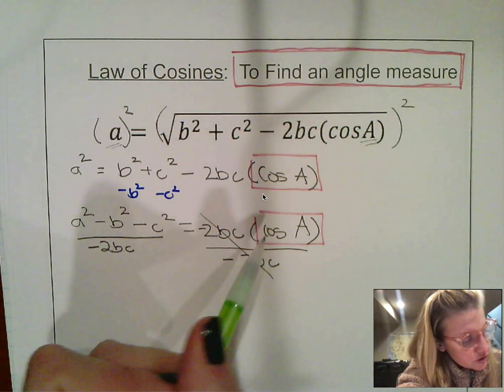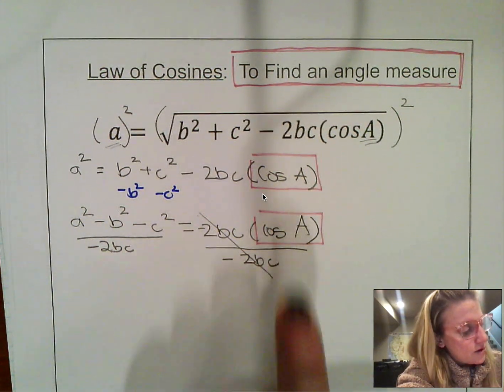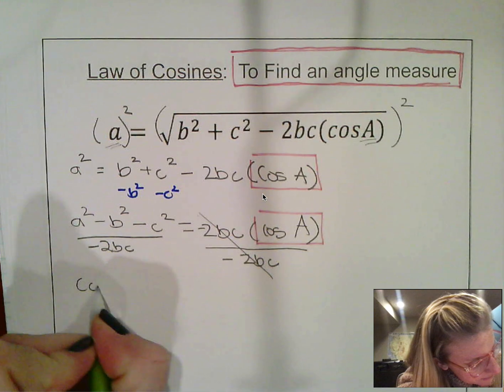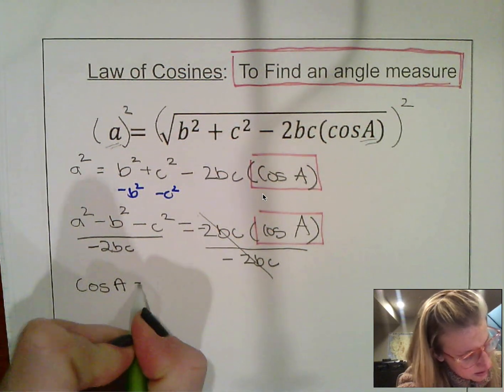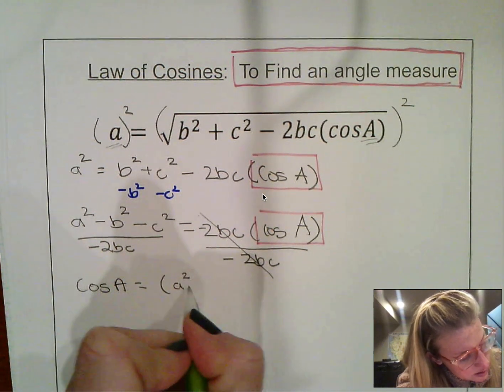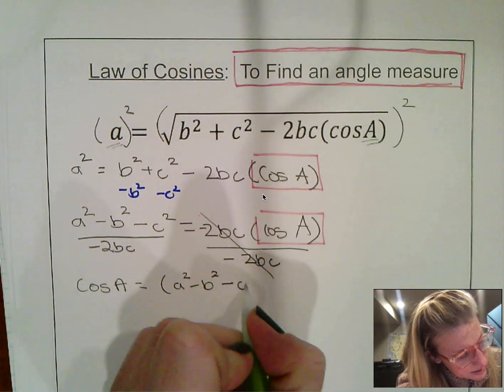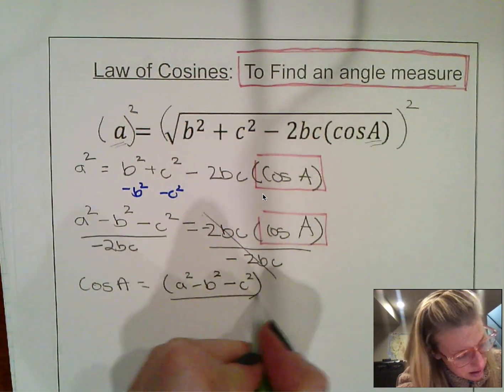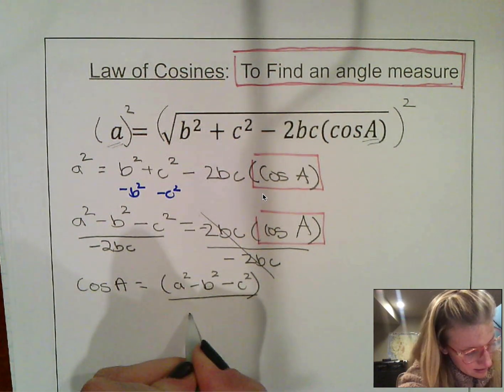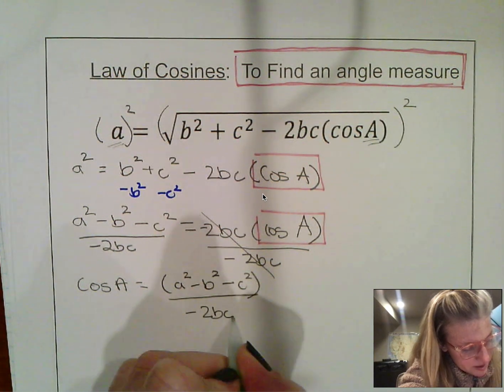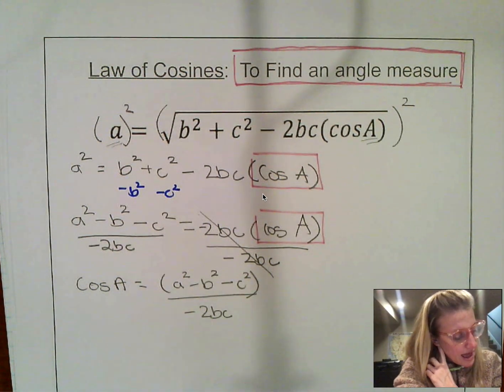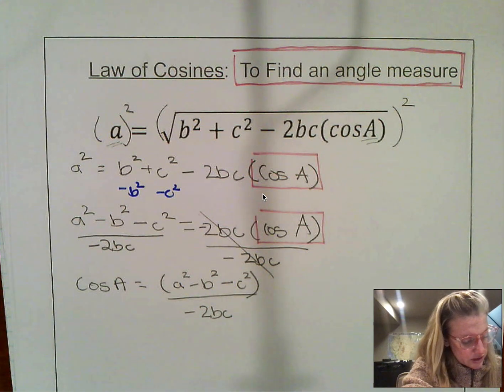And now I'm just going to flip these around so the cosine of A is on the left. That's easier for me to deal with. And I'm going to put the a squared minus b squared minus c squared in parentheses all over that negative 2bc. All right, now I'm going to play around with this just a little bit.